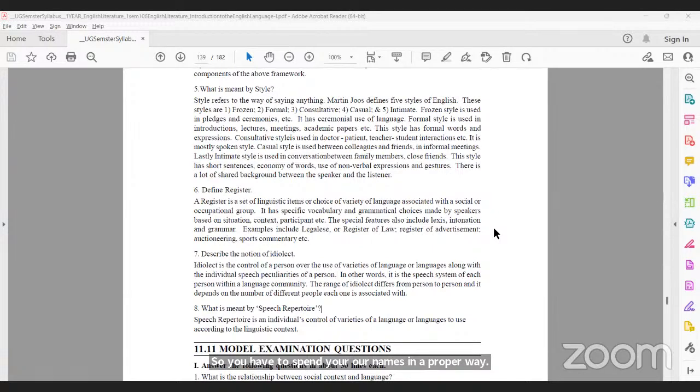Similarly, if you have a language, that doesn't mean you will use it everywhere unnecessarily. It has its own purpose, it has its own place. So when you use that language based on that place and function, it's called communicative competence.